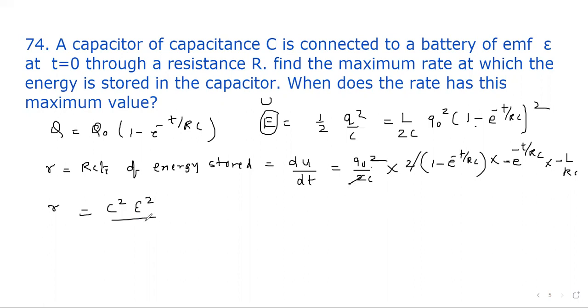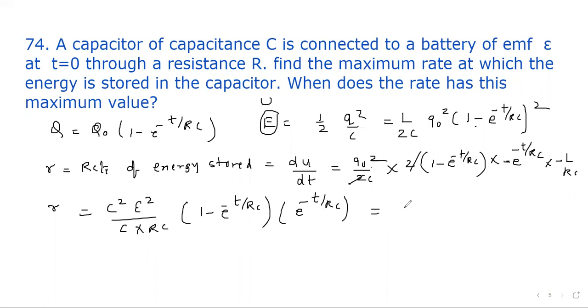So C square E square divided by, here there is already C, and from here there is RC, and then inside with 1 minus e to the power minus t upon RC multiplied by e to the power minus t upon RC.